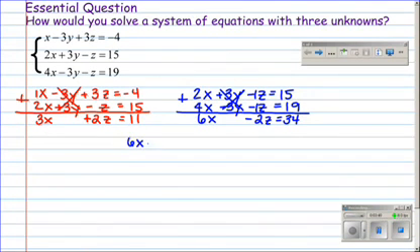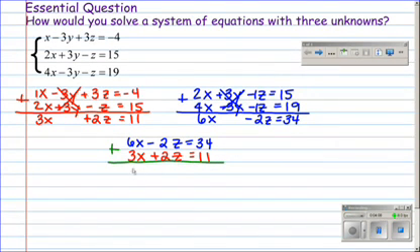Let's rewrite those so we can see how we would solve that system. Now we're fortunate here, the z's have opposite coefficients. So in order to eliminate the z, we would need to add again.